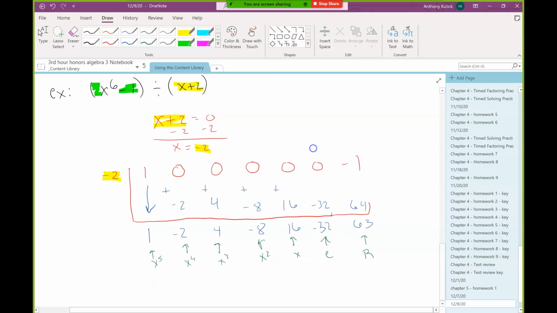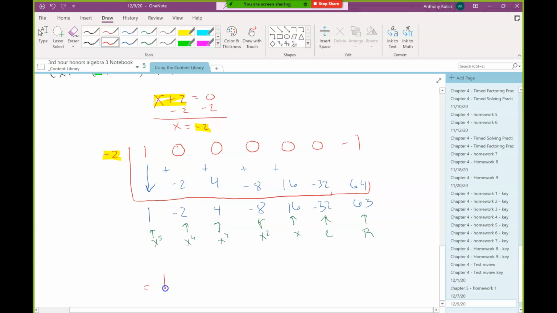So we'd say that our answer is 1x to the fifth, you don't really have to write the 1, minus 2x to the fourth, plus 4x to the third, minus 8x squared, plus 16x, minus 32, plus my remainder over my divisor.